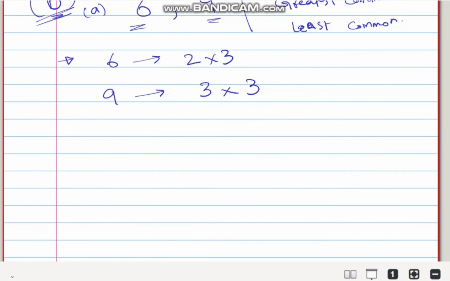So please tell me what are the greatest common factors here? Let me write here the point in red. It's a very important point.